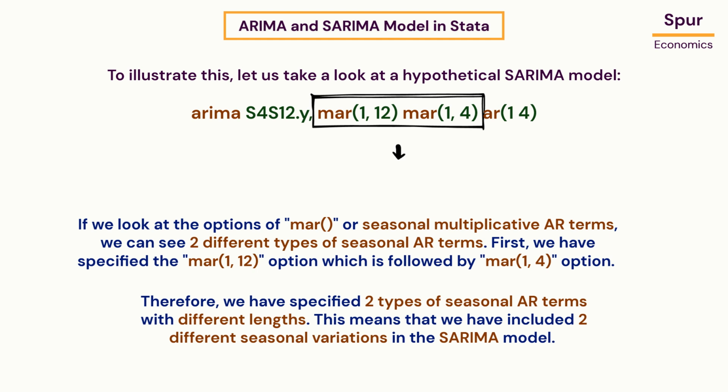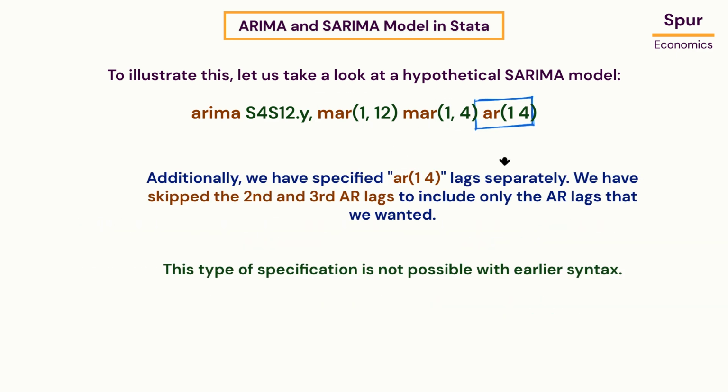Therefore, we have specified two types of seasonal AR terms with different lengths. This means that we have included two different seasonal variations in the SARIMA model. Additionally, we have specified AR1 and AR4 lags separately. We have skipped the second and third AR lag to include only the AR lags that we wanted. This type of specification is not possible with earlier syntax.